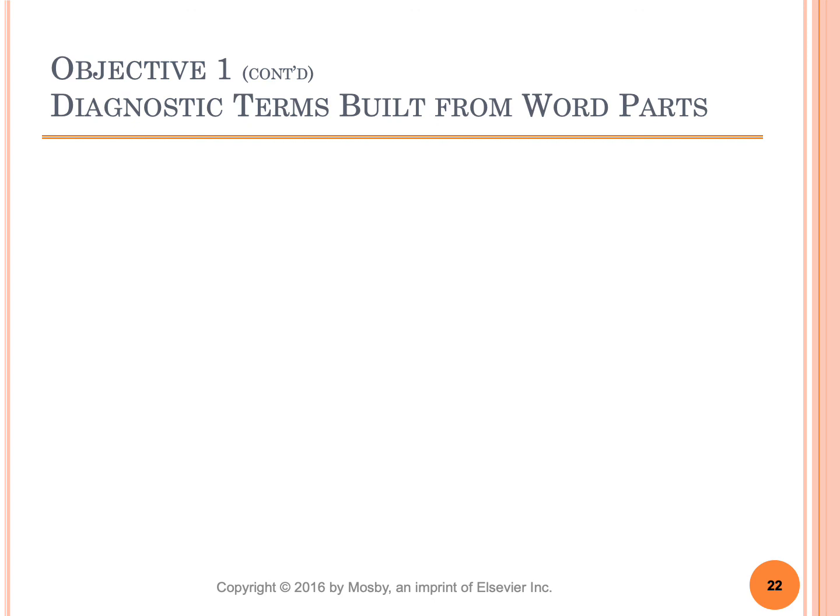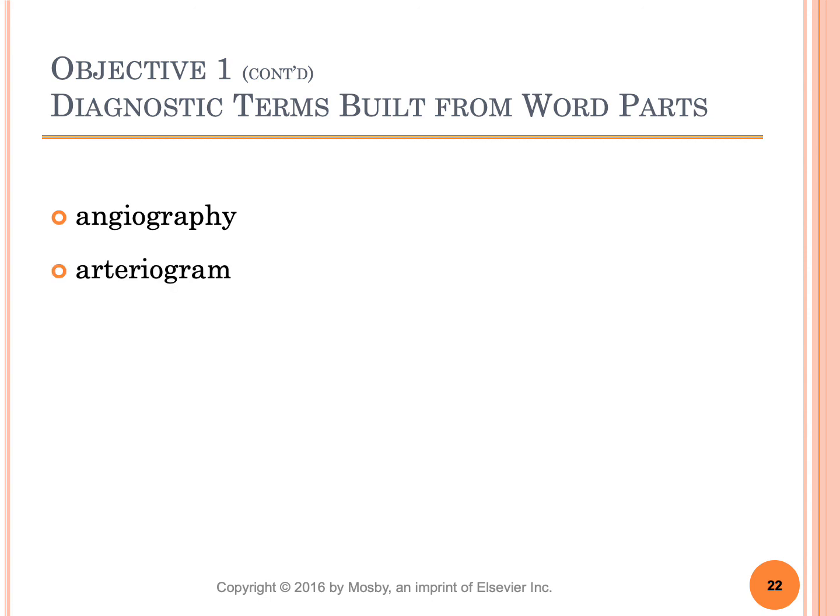All right, so let's talk about some diagnostic terms built from word parts. First one is angiography. Angiography is a radiographic imaging of the blood vessels. Sometimes we will do these intraoperatively so that we can take a look at the vasculature.